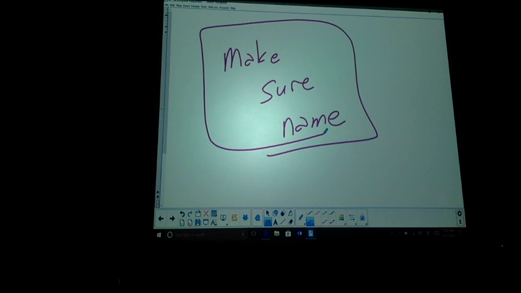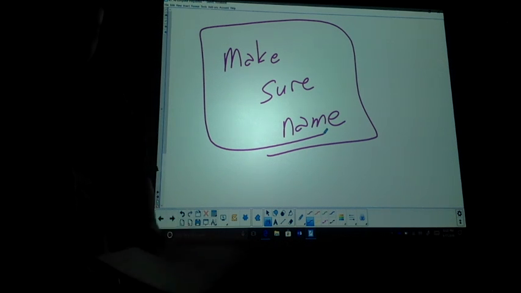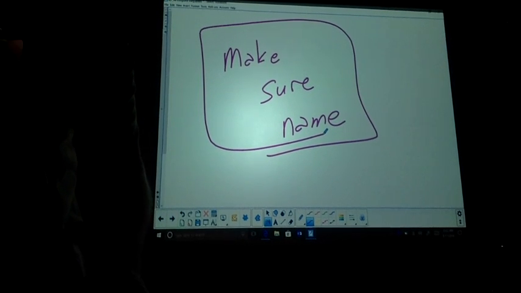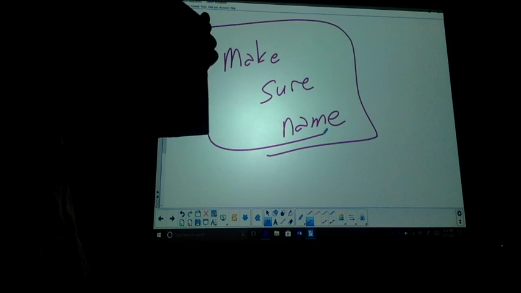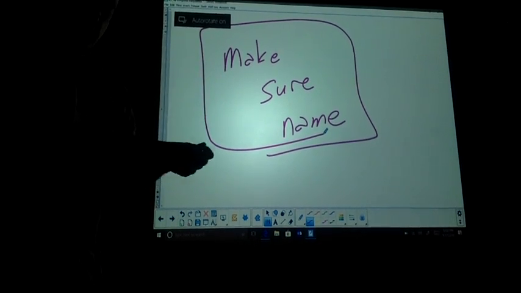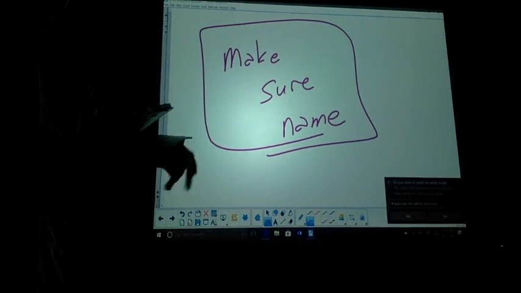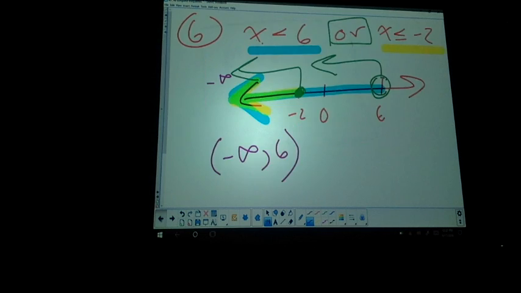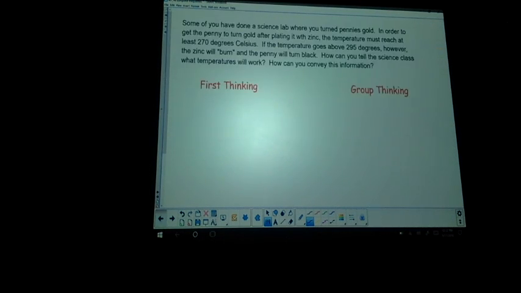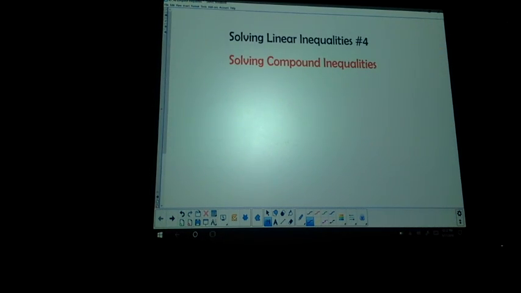All right, compound inequalities. This is kind of continuing on a little bit. So compound inequalities we're working on.